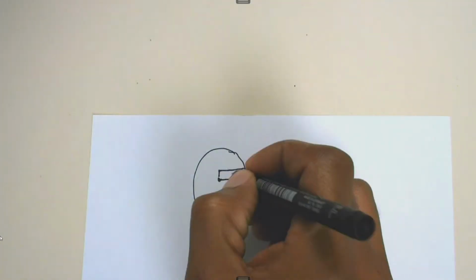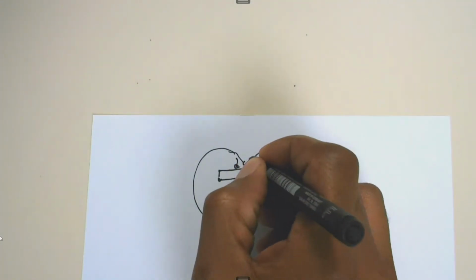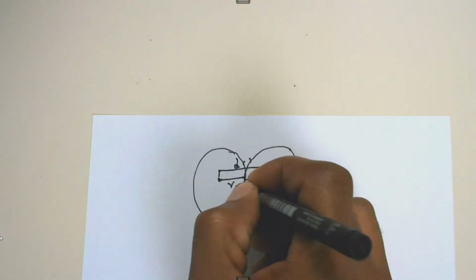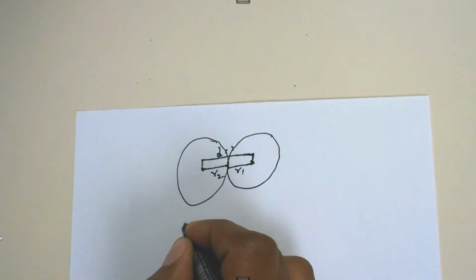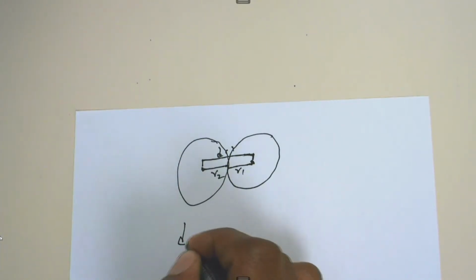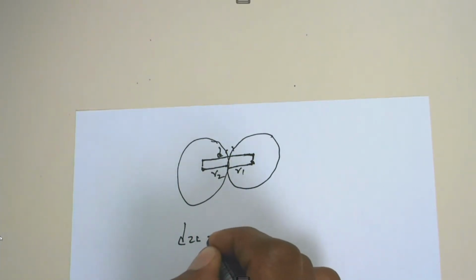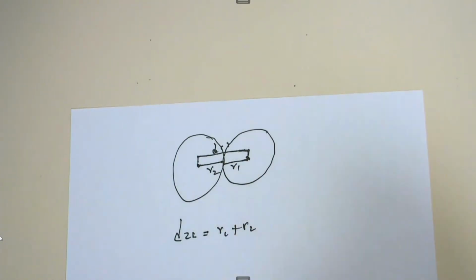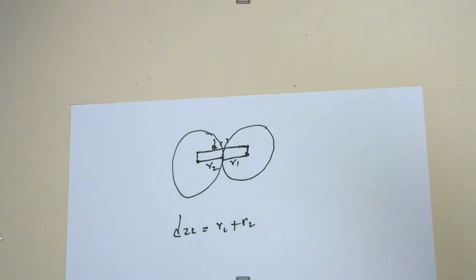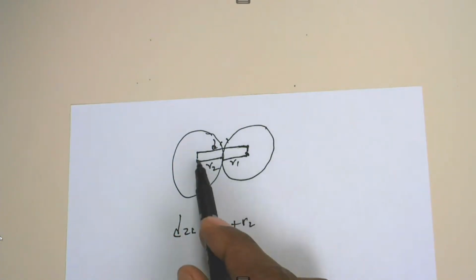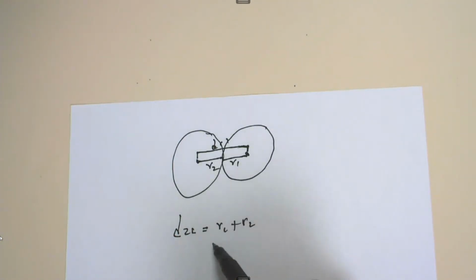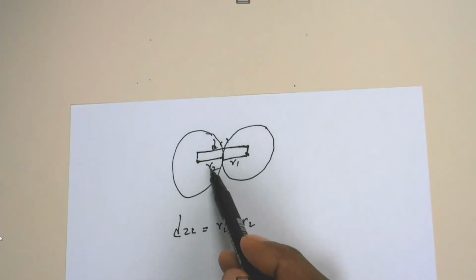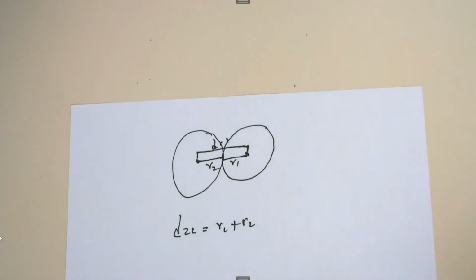Now, if the distance between the two centers is equal to R1 plus R2, then what's going to happen? You can conclude that the circles will touch each other at one point. Why? Because the distance between the two centers is equal to the sum of the radius of the first and the radius of the second. If they are equal, then they touch.